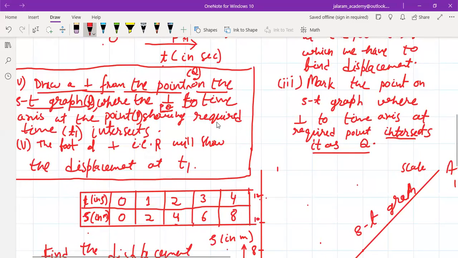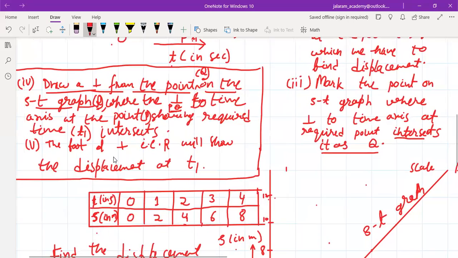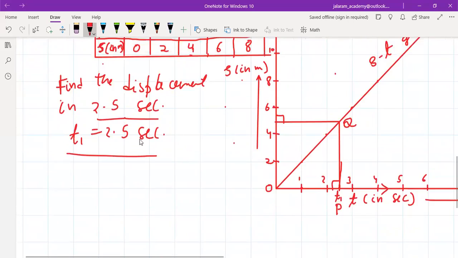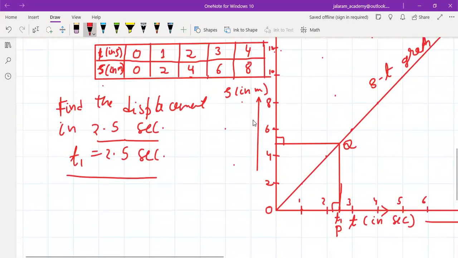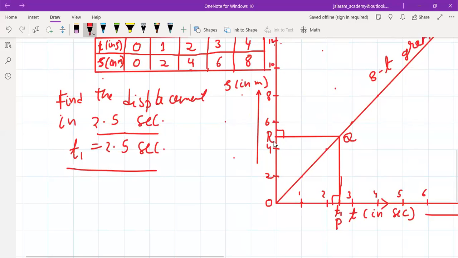The foot of the perpendicular, that is R, will show the displacement at the required time. It is just at the middle point of 4 and 6, so it is 5 meters. So displacement at 2.5 seconds equals 5 meters.